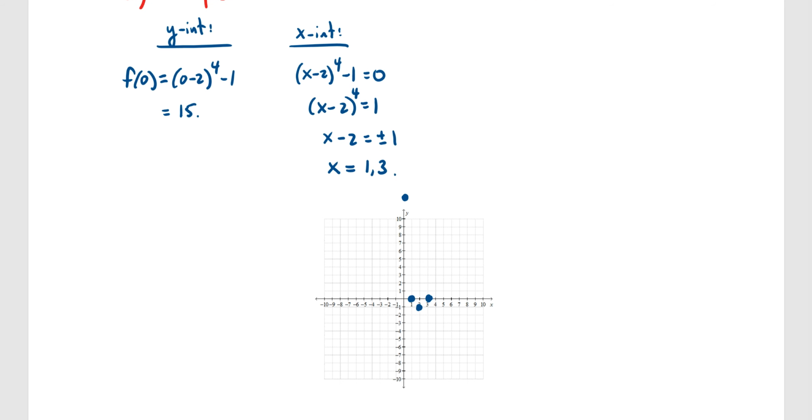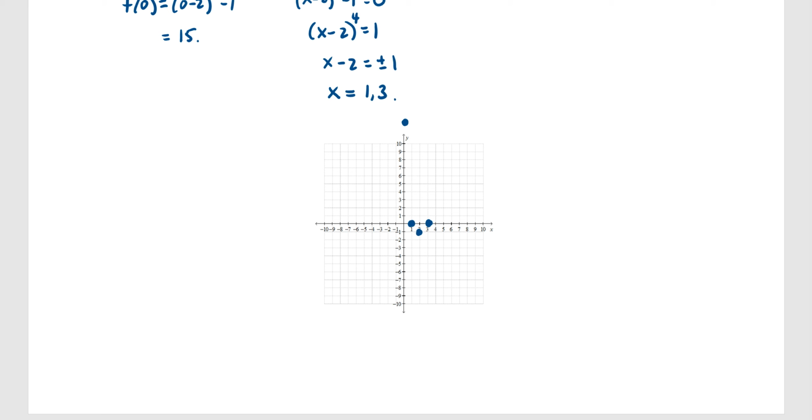And we can go ahead and graph it. And that will be f of x. So that was a degree 4 polynomial. Sometimes, like in this case here, it looks similar to a parabola. It won't always look like a parabola, but in this case it kind of does, but a lot more intense in terms of the steepness of the slope. Okay, so that is it for this chapter.